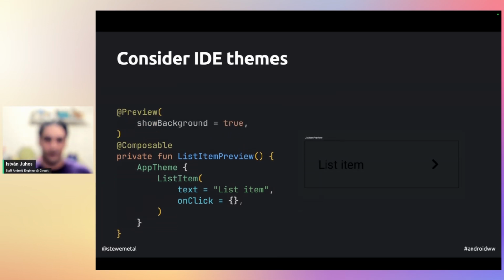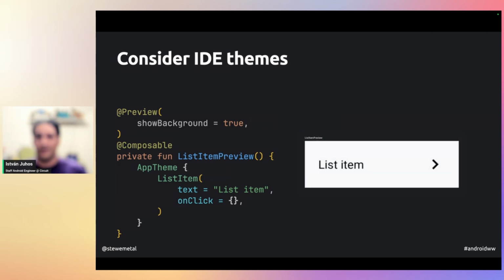So what we can do, we can add this show background parameter to our preview annotation. We can set it to true. It's a simple Boolean. And what this does is that only in the preview itself, it gives our preview a background. This only applies to the preview window itself. So our actual list item is not bothered with this, and nor the theme.